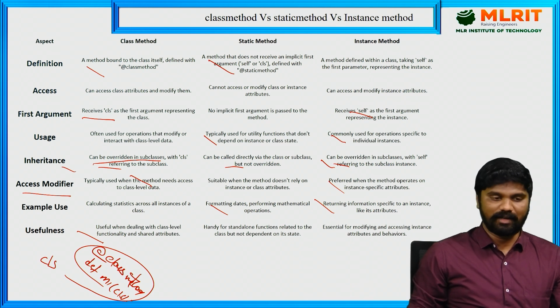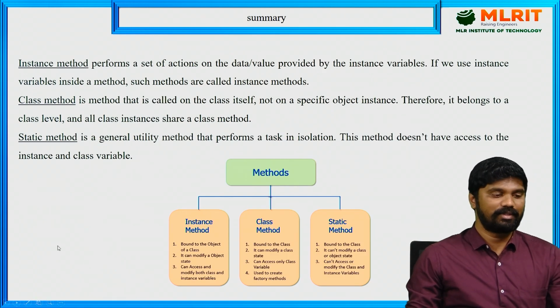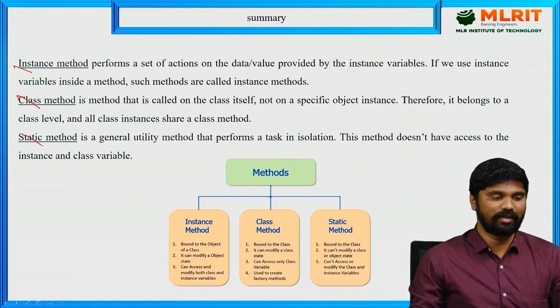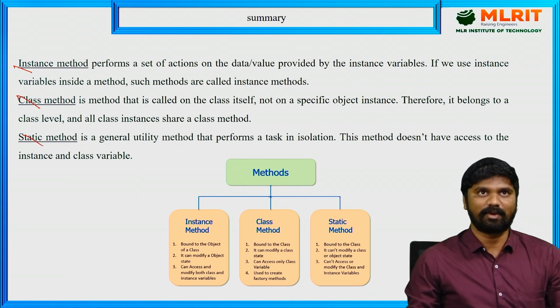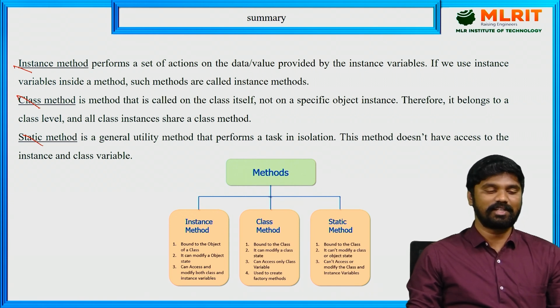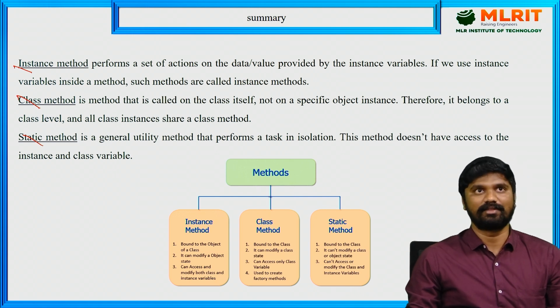Finally, these three things: instance method, class method, and static method. The instance method performs a set of actions on the data provided by the instance variables. That means instance methods perform actions on instance data.